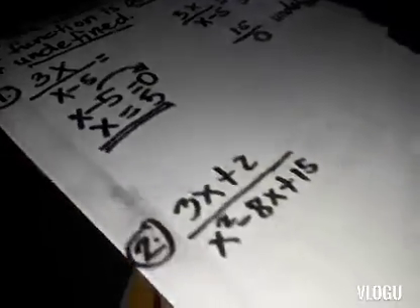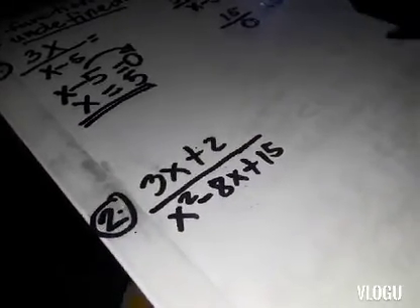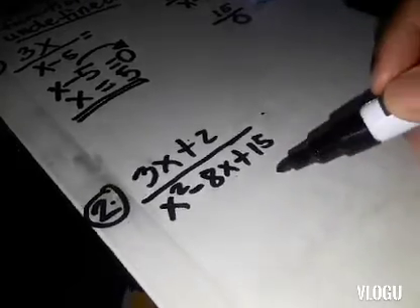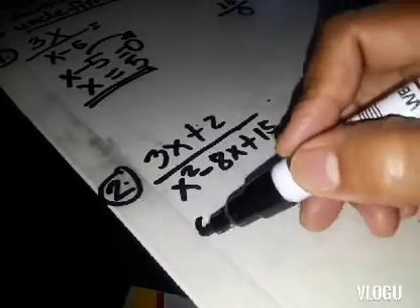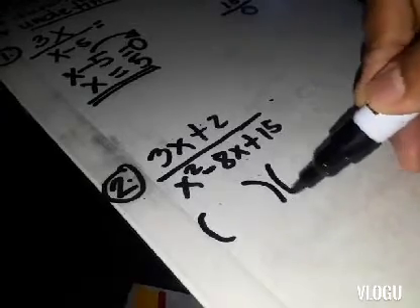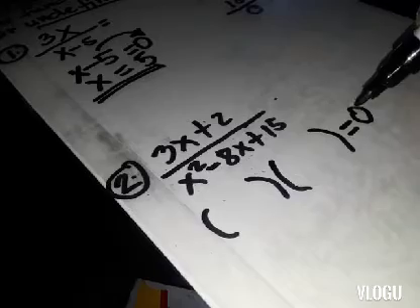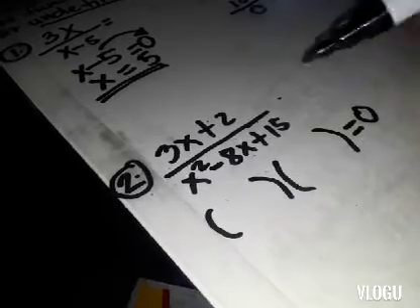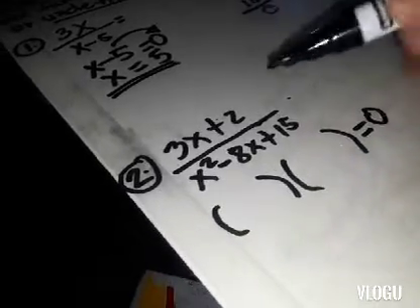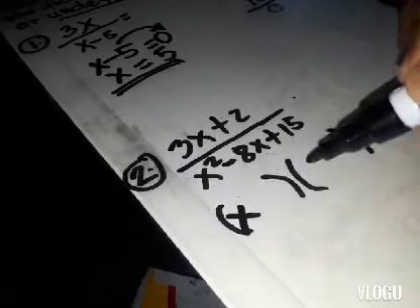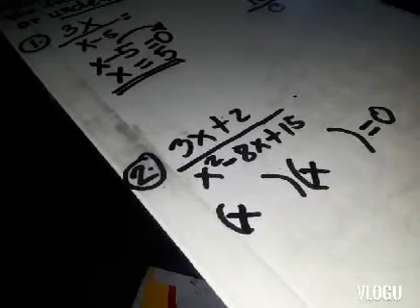Next, example number 2. So, focus lang sa denominator. Kung ganito siya, of course, kailangan natin i-factor ang denominator and then equate to 0. So, x squared siya, kaya meron tayong x at saka x.